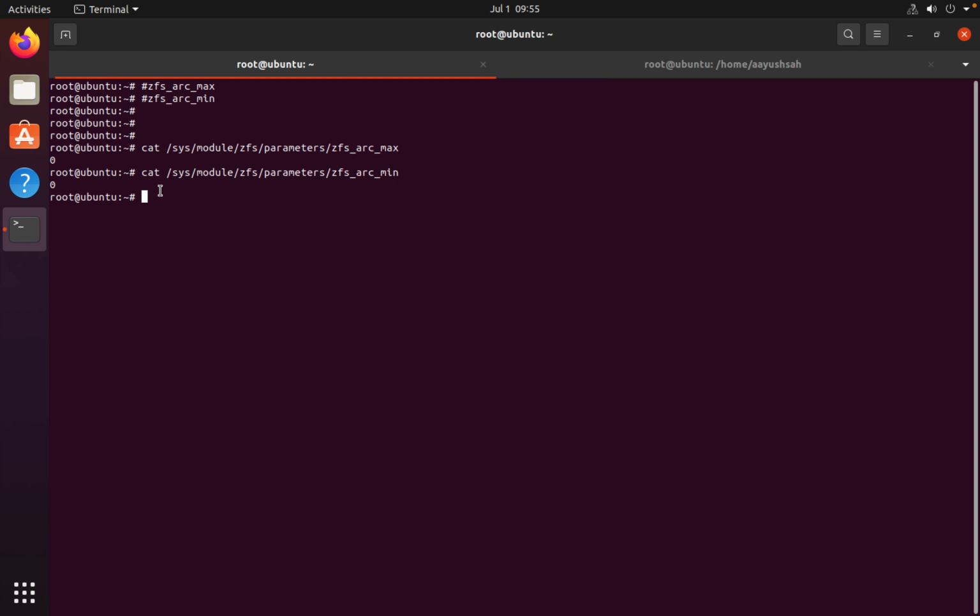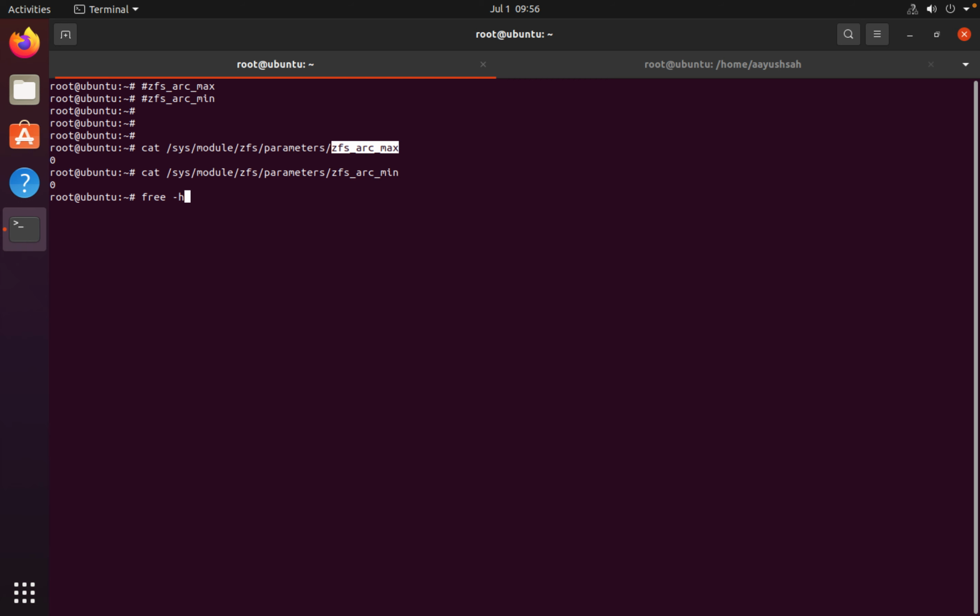So how can we tune these two parameters? The concept is that zfs_arc_min should be around 1% of the total memory on the system, and zfs_arc_max should be 10% of the total physical memory on the system. Let's check the amount of memory on this system.